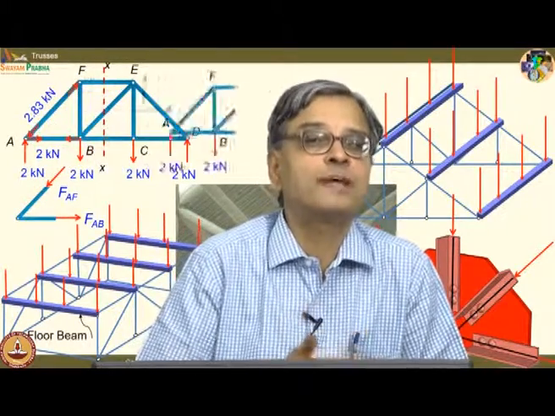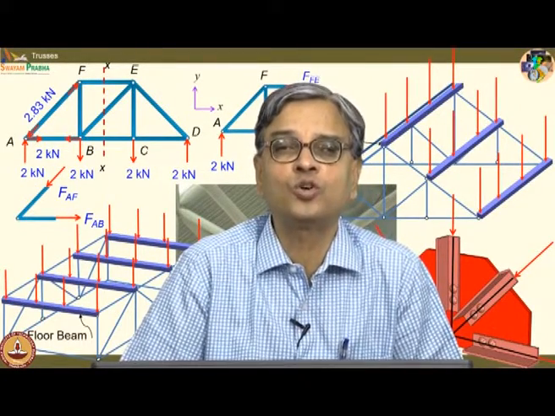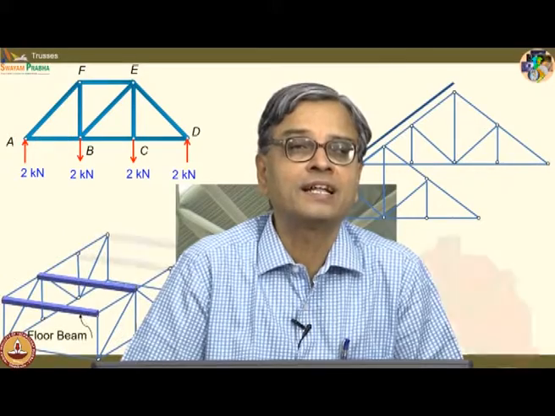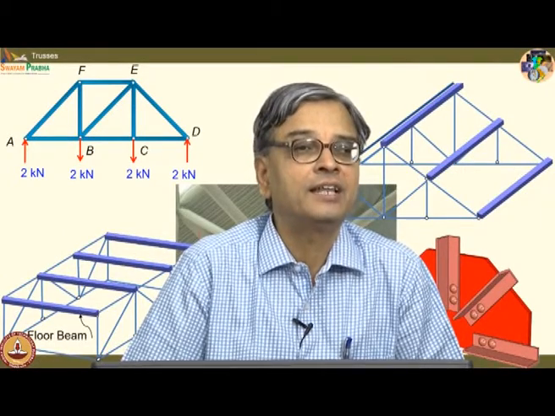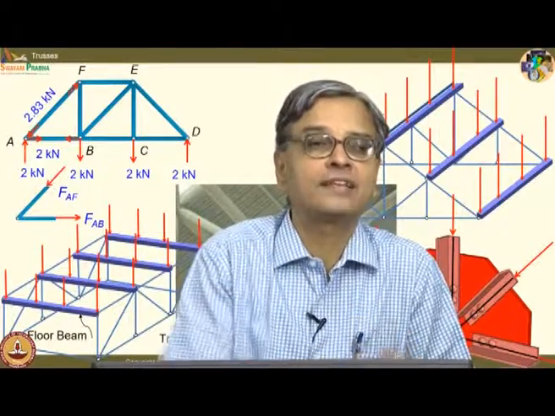We have also seen a demonstration where I used just a string to show how the cross bracing helps in arresting the effect of wind forces. Wind forces keep changing direction, which is why you have bracing on both diagonals. Thank you.